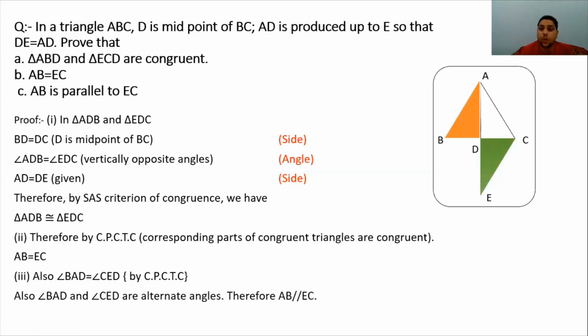Since these two angles are alternate angles, therefore we can say that AB is parallel to EC. Now this is the third part that we have to prove.